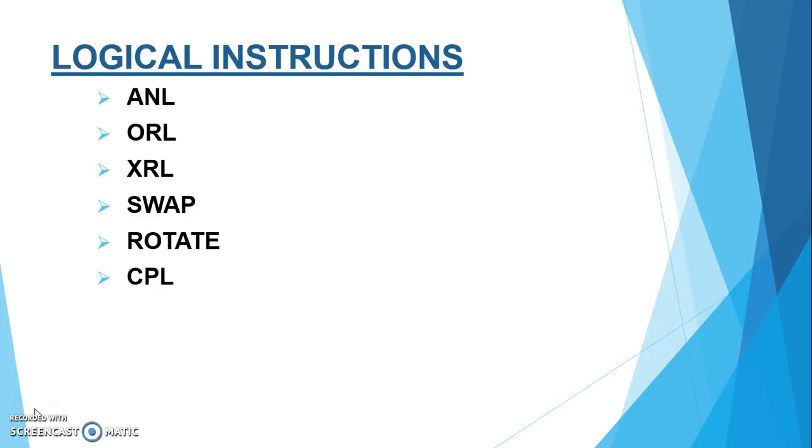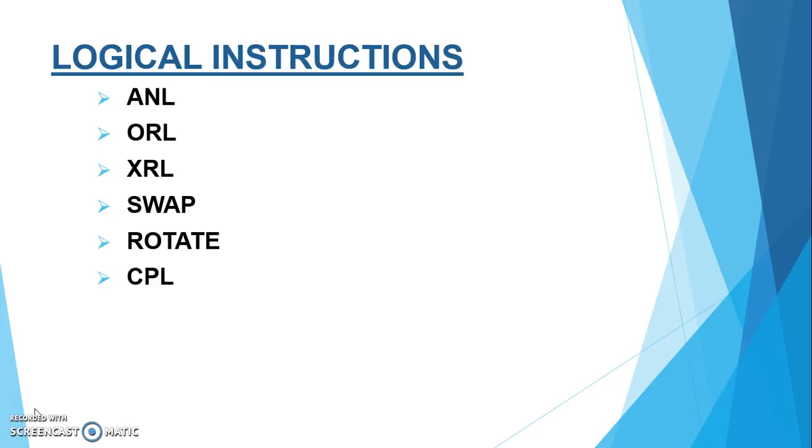Next is XRL. The XRL mnemonic is given for the XORing operation. As you might know, we have an XOR gate also. The operation performed by an XOR gate, a similar operation can be performed by the XRL mnemonic.